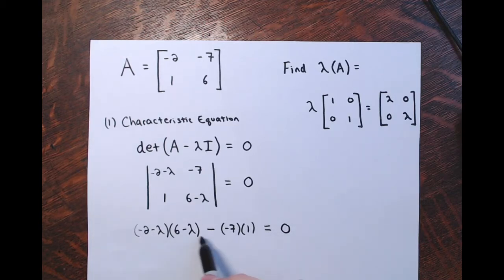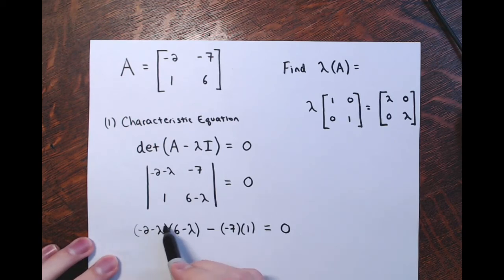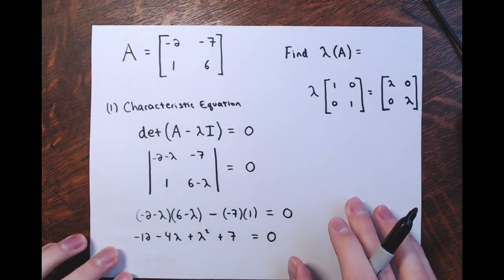Now I'm going to multiply this left side out. So this is -12, then plus 2 lambda, minus 6 lambda, that'd be minus 4 lambda, and then plus lambda squared, and then we have plus 7. And then I'll write this in descending order, which I'm typically used to.